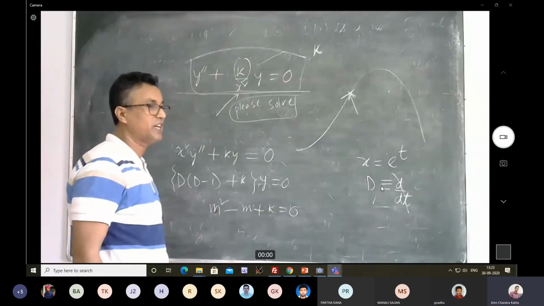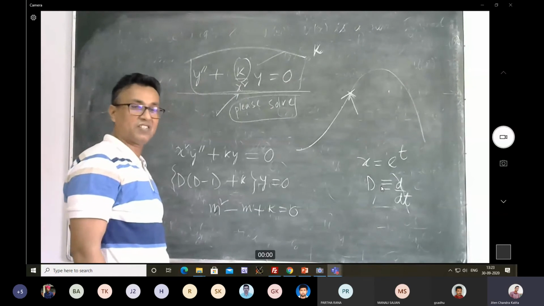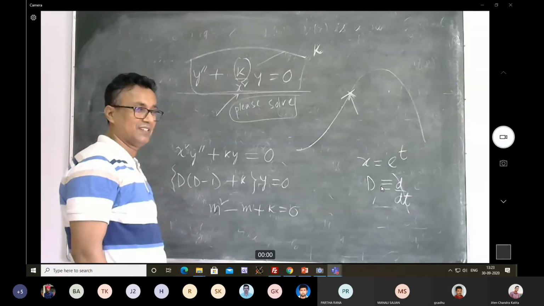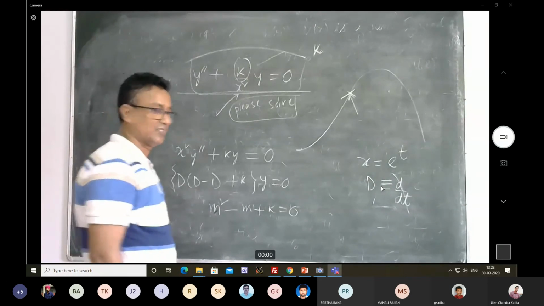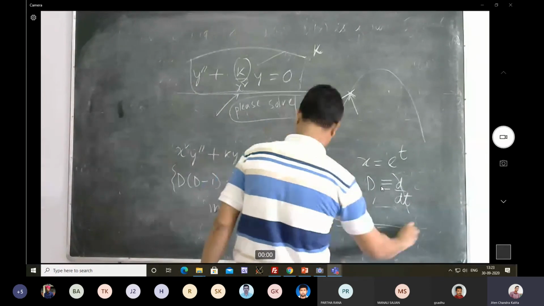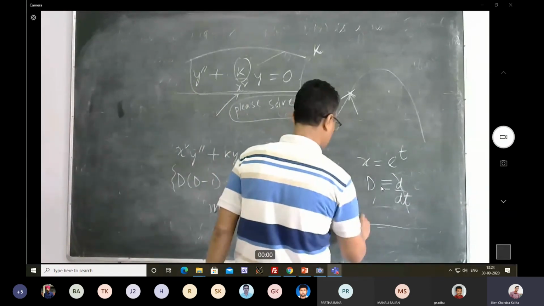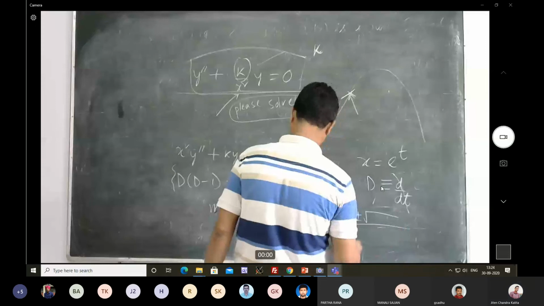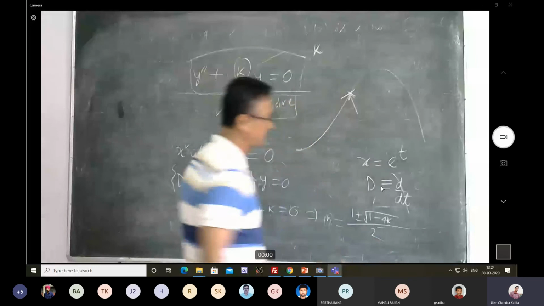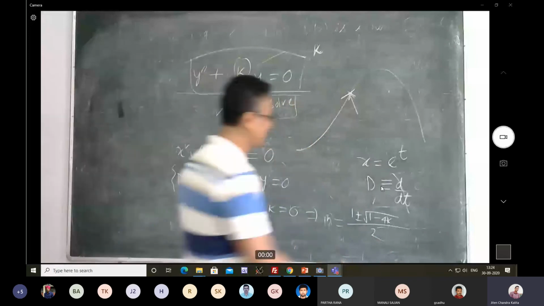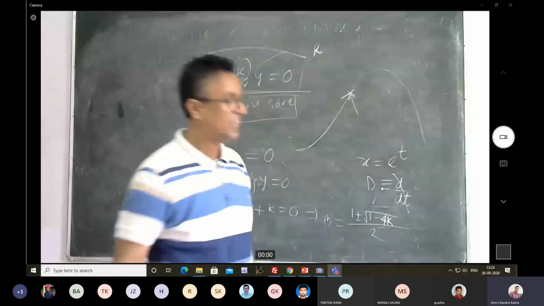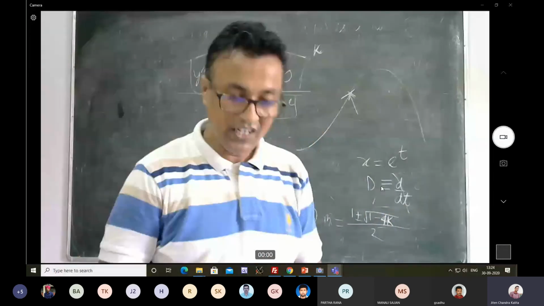I am trying to find a specific value of k which is going to be significant. See, from here, are you getting my question properly? So that significant value of k is what?